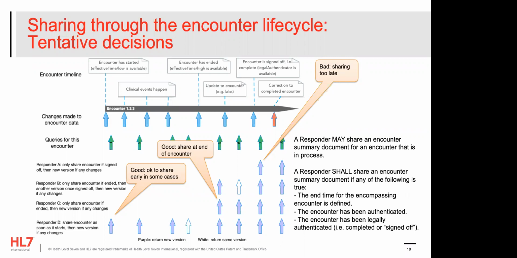The CCDA has all these different document types, and we have the procedure note document, and very few, if any, vendors support that. But when I say procedure note, imaging note, pathology note, I see these folding into some of the major CCDA document types, such as discharge summary, progress note, and CCD.